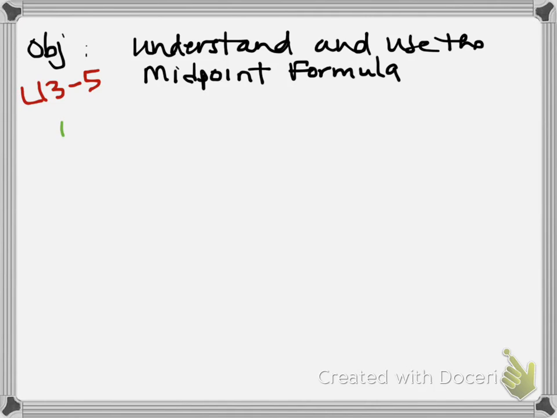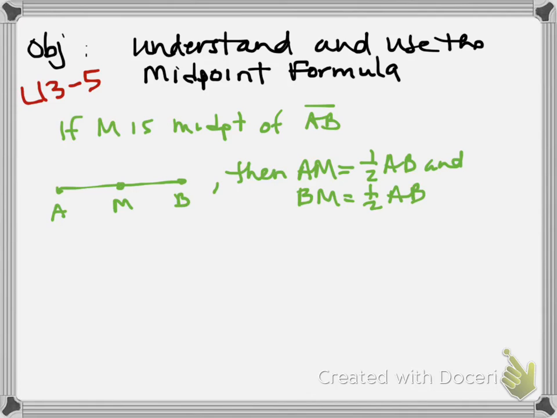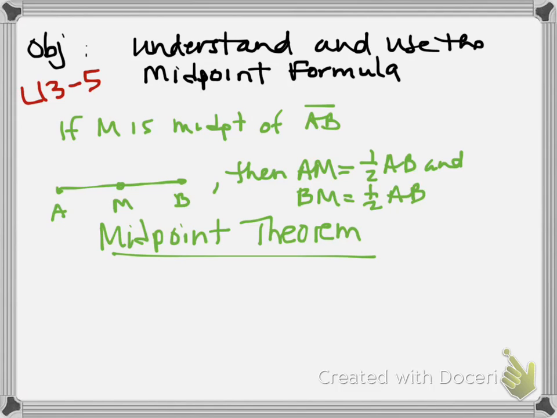So, in a nutshell, if M is the midpoint of segment AB, so here's AB, here's M, then that piece AM is equal to 1/2 the length of the whole thing, and that length BM is equal to 1/2 the length of the whole segment. Now this is the midpoint theorem. That's not what we're talking about. Okay?